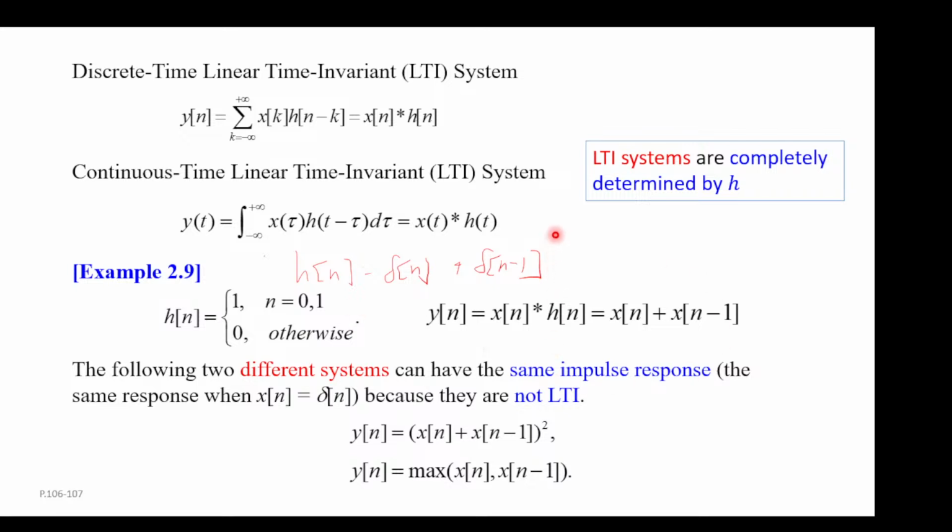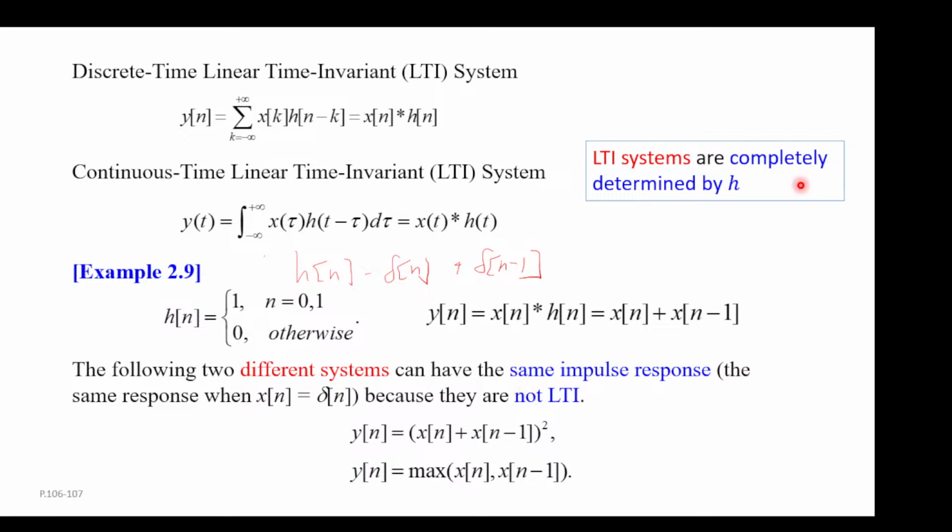But we can have two different systems, different from this x-y relation. This is our description of the LTI system with this h, but we have two different systems that also have the same impulse response h. Okay, and they are not the same as this system, because they are not LTI, so they can be different.